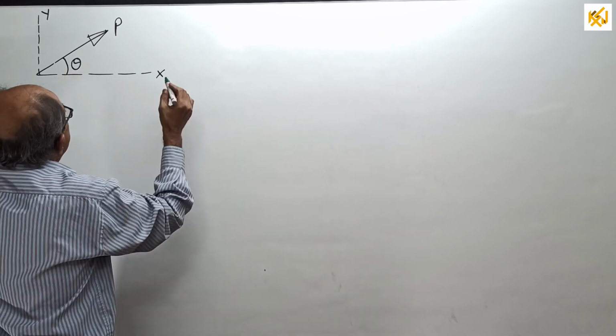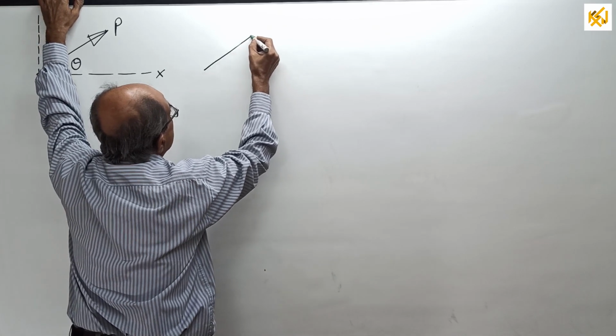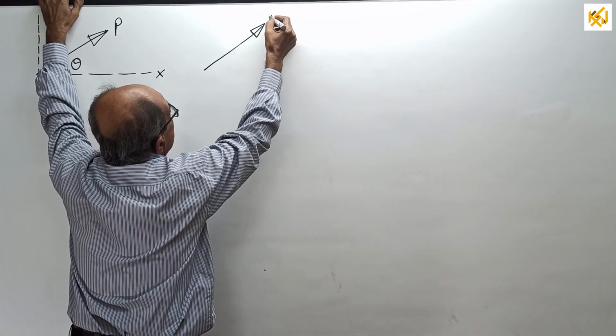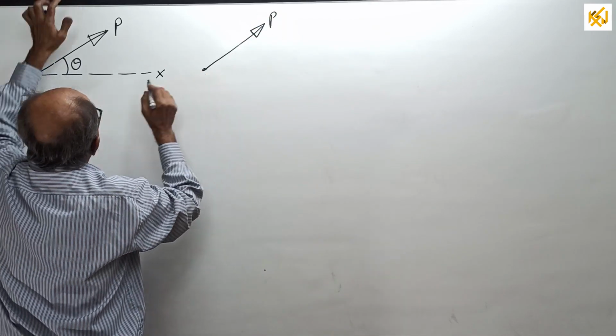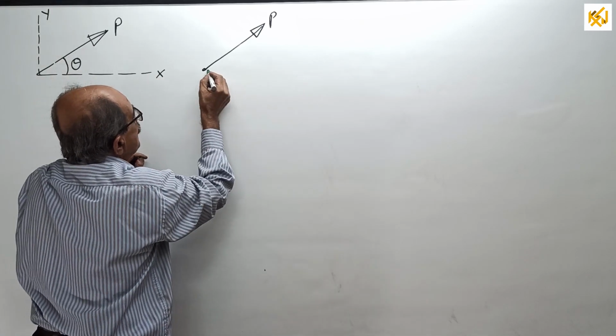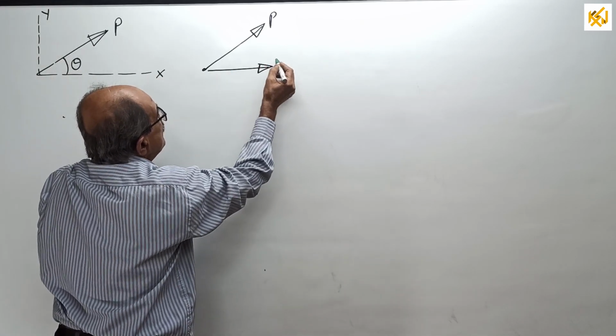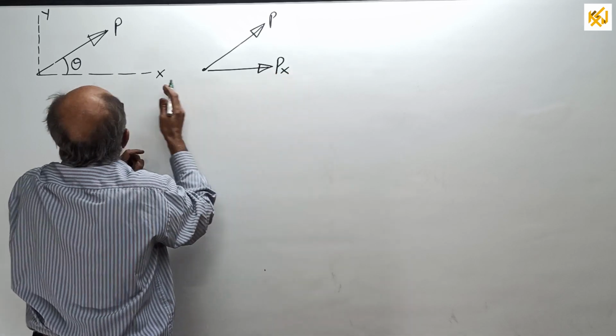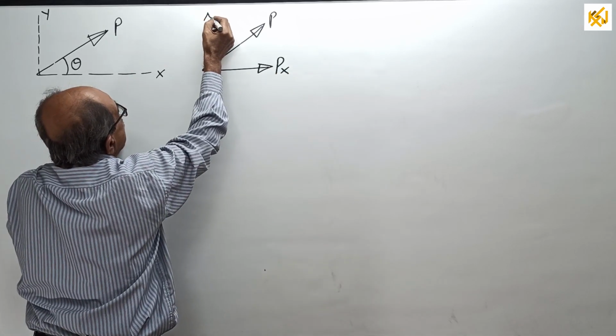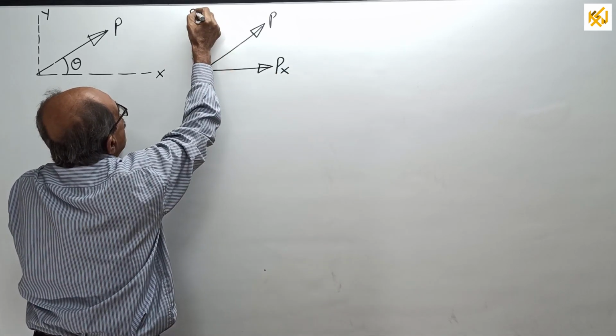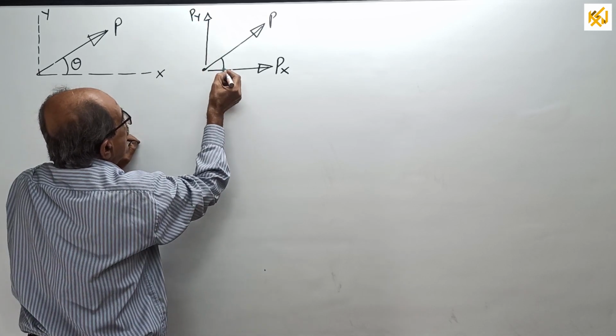Now, if the force is here, P, when you resolve in X, the component will be like this. This will be called the X component, and this will be called the Y component, Py. This angle is theta.